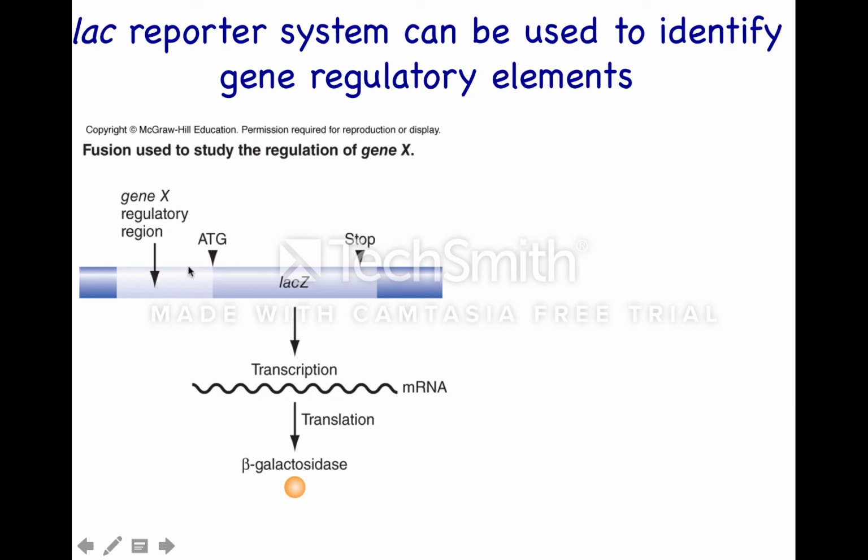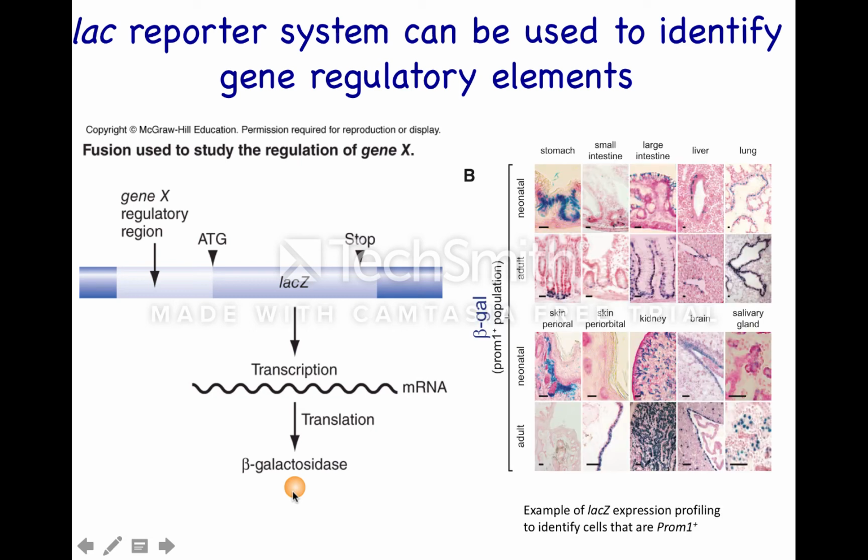Okay. And so what will then happen is that wherever their gene is expressed, whatever cells, whatever tissue types, those cells will produce, instead of the actual gene X, this LAC-Z protein product, beta-galactosidase. And there are ways to then measure beta-galactosidase activity.